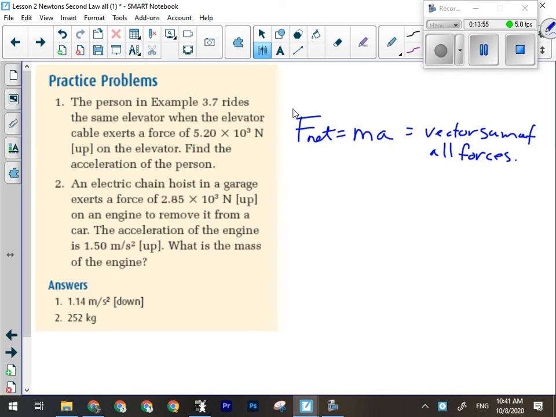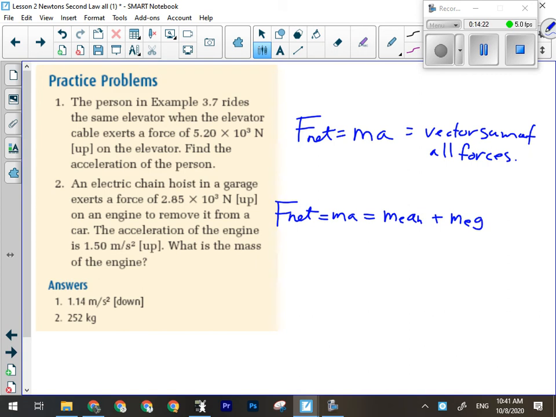So, for a question like the elevator, or the chain hoist, what I'm really looking at is this. Net force equals mass times acceleration, which equals the mass of the engine times the acceleration of the hoist plus the mass of the engine times the acceleration due to gravity.